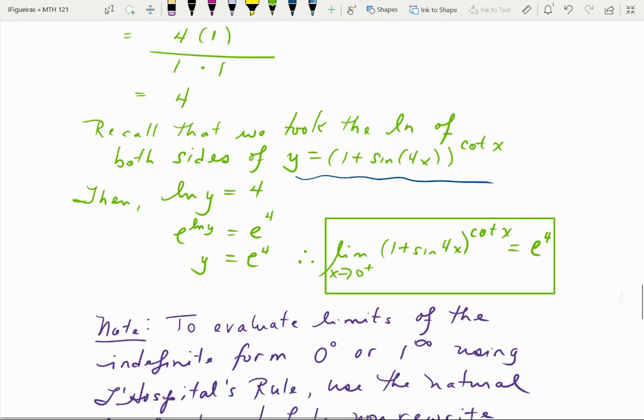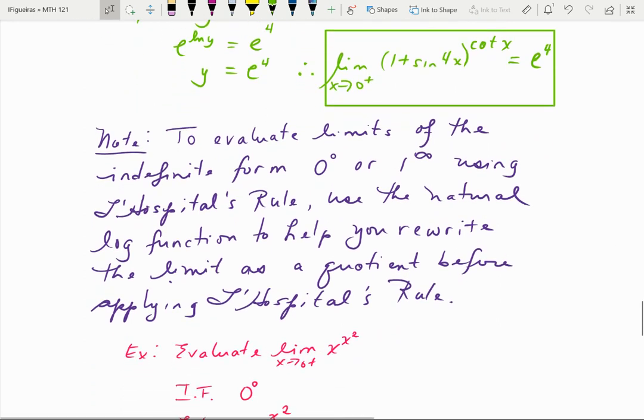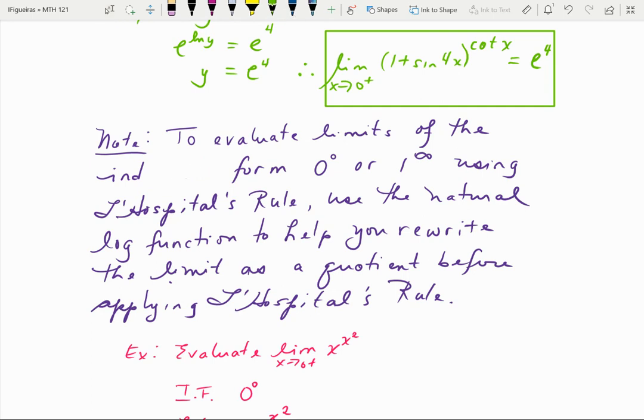All right, so just to summarize what we did above, you're going to apply the same technique whether you have 0 to the 0 or 1 to the infinity. To evaluate limits of the indeterminate form 0 to the 0 or 1 to the infinity using L'Hopital's rule, you're going to use the natural log function to help you rewrite the limit as a quotient before you apply L'Hopital's rule.